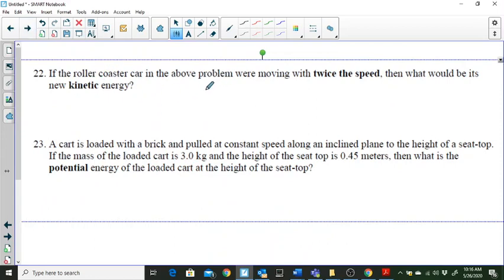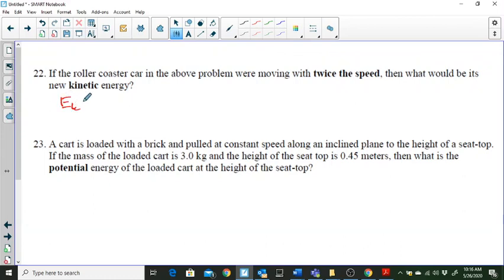All right, 22. If the roller coaster in the above problem was moving at twice the speed, then what would its new kinetic energy be? Remember, we had to talk about this before. When we calculate kinetic energy, it's equal to 1/2 mv squared.